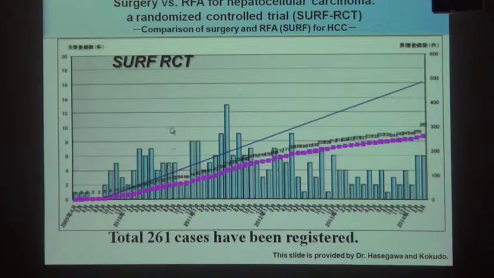In this study, the total sample size was designed as 300 cases. Now, a total of 261 cases have been registered. We expect that the SURF trial can provide more robust evidence.